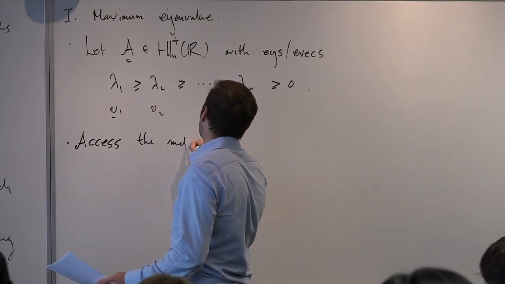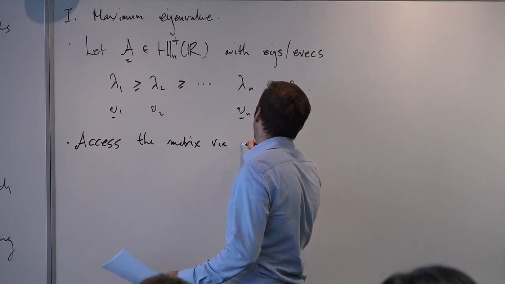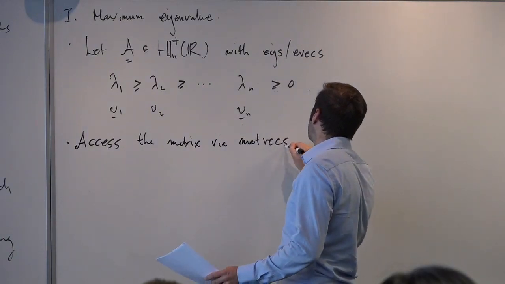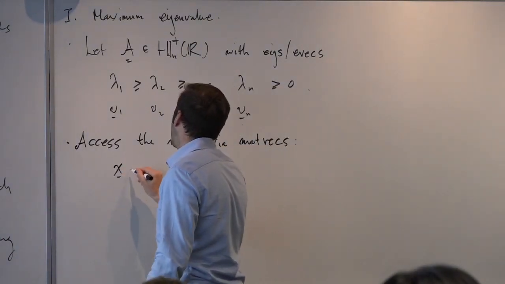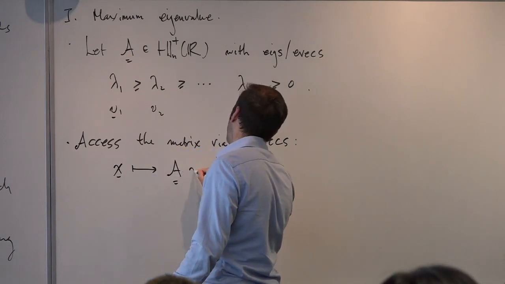Okay, now we're going to be interested once again in the model where we access the matrix via matrix vector products. So given an input x, we can compute the output Ax.